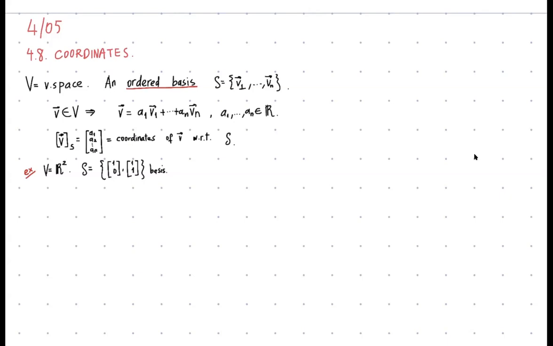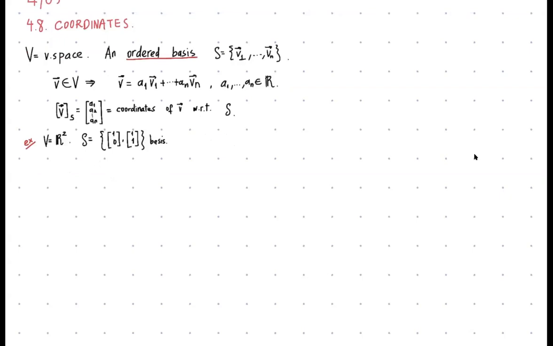Then what do we have? What is the question here? Let V be the vector, let's take it as (3, 2). Then the question is: what are the coordinates of V with respect to the basis S?